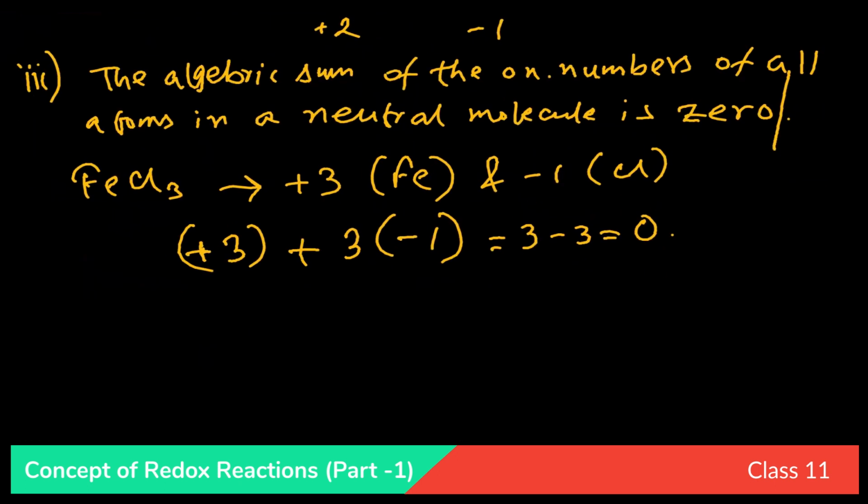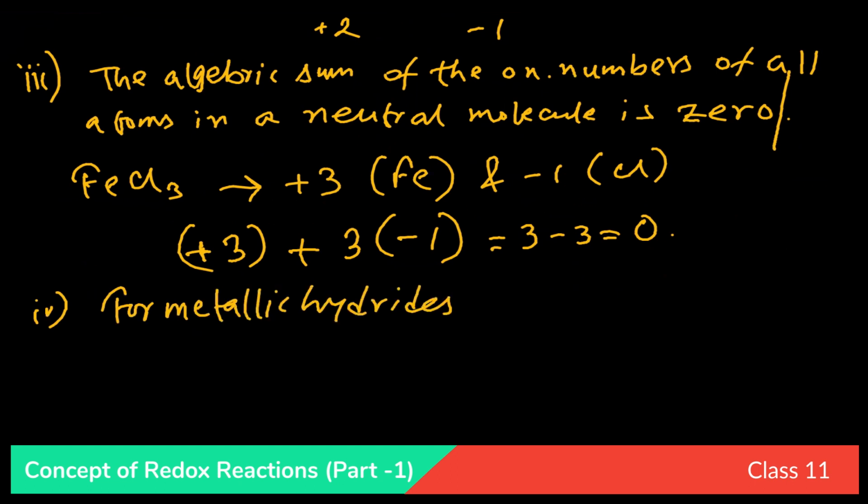Now, hydrogen, generally for metallic hydrides, the oxidation number of hydrogen is always -1.